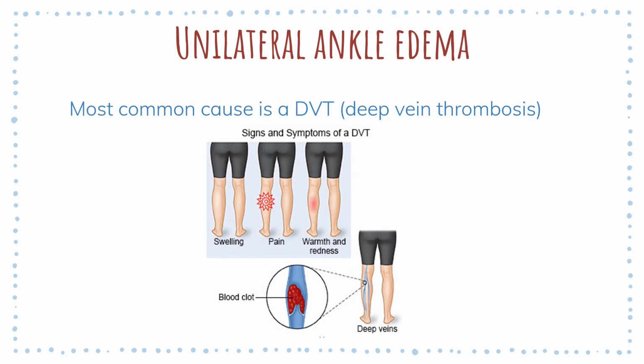Generally, if you're looking at edema, you're trying to evaluate whether it's in both legs. So if it's in both legs, then it's generally heart. If it's in just one side, unilateral ankle edema, then you're looking at the possible cause of being a blood clot or a deep vein thrombosis.